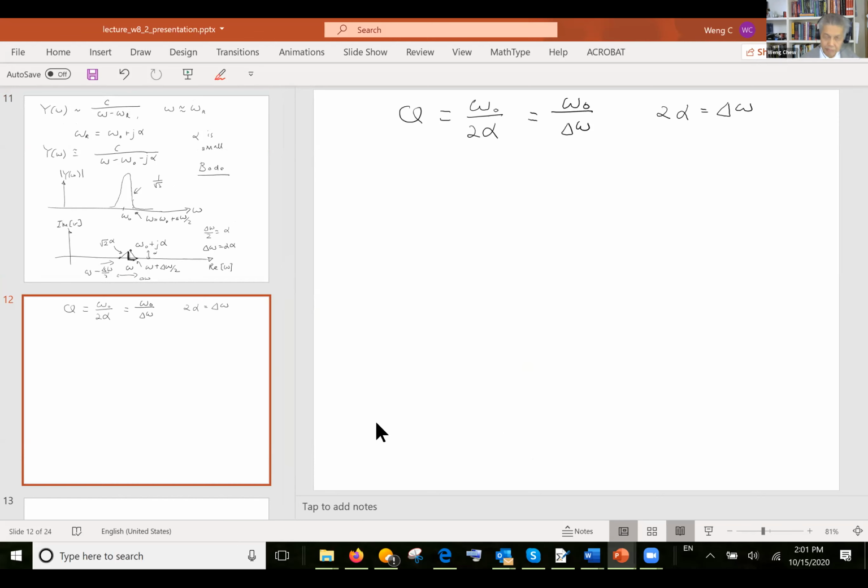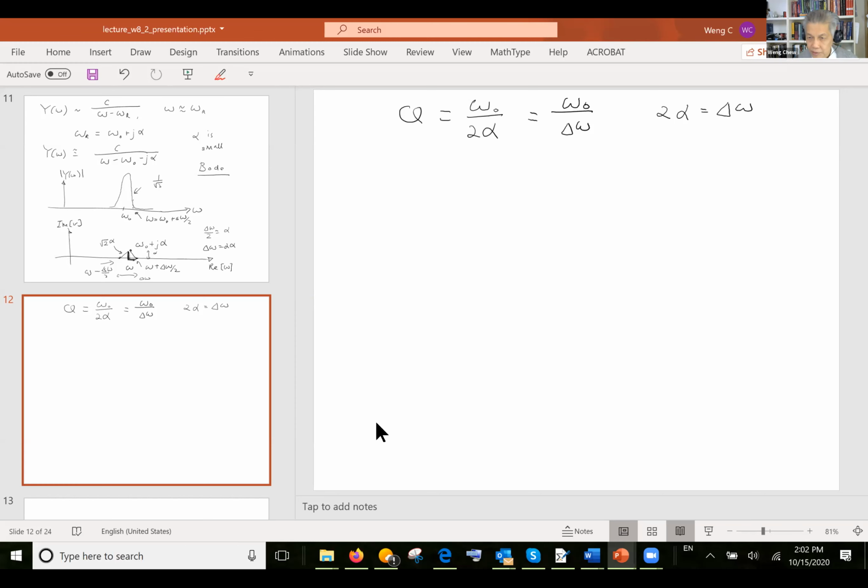So if you know the bandwidth of the system and its resonant frequency, you can also find the Q. The Q is resonant frequency divided by the bandwidth of the system. Okay, is this clear? So this is a good rule of thumb to understand the relationship of the Q to the bandwidth of the system.